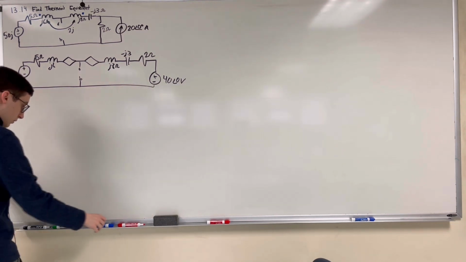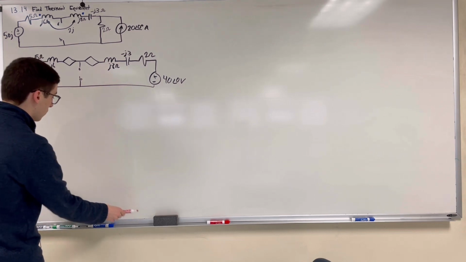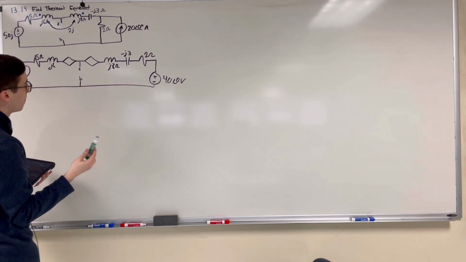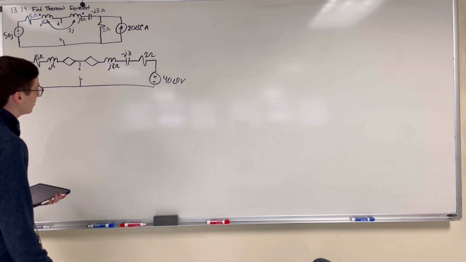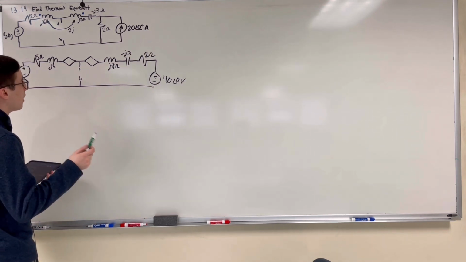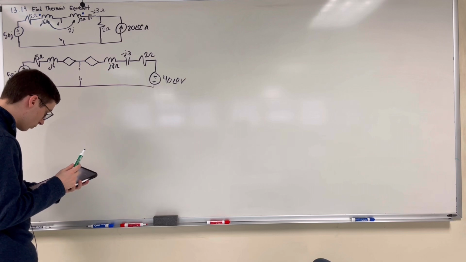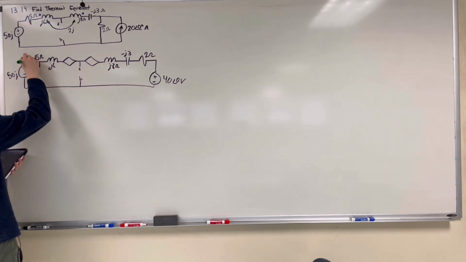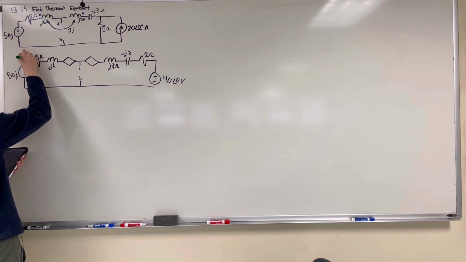Okay, so now what we want to do is deal with the dependent sources. I'm going to say that the current is going to be IO, and it's going to be flowing this way.